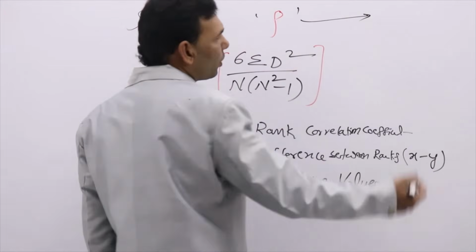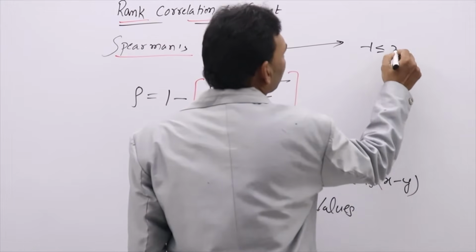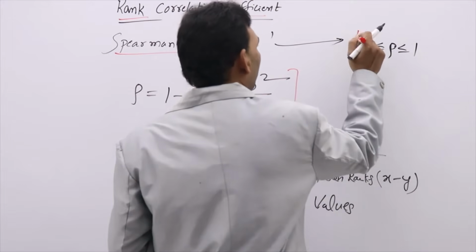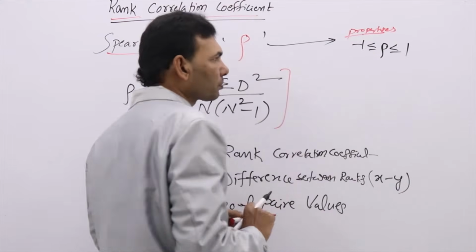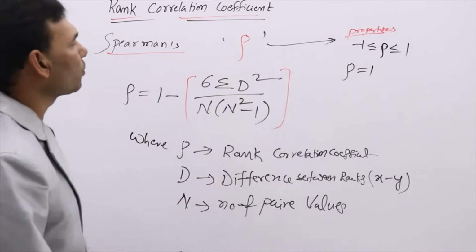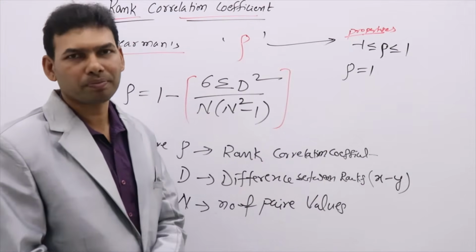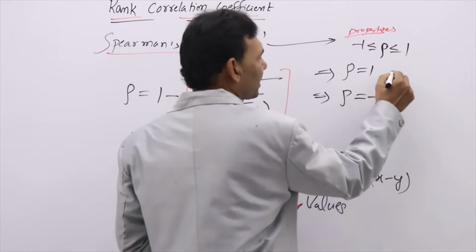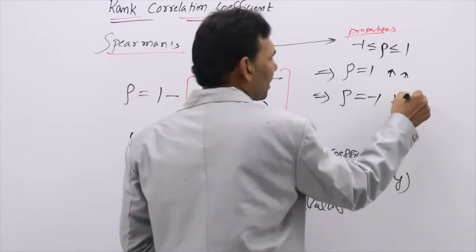This rank correlation coefficient has some properties. Its value, like r, also lies between minus 1 and 1. This is an important property. When rho equals 1, the ranks are in the same direction. If rho equals minus 1, we say there is negative correlation, where the direction is reverse.